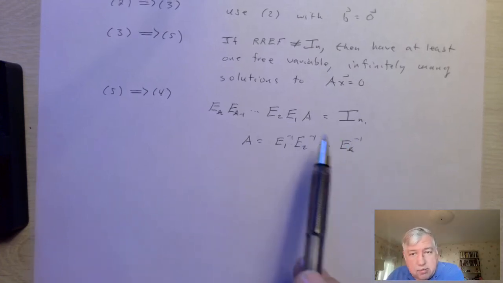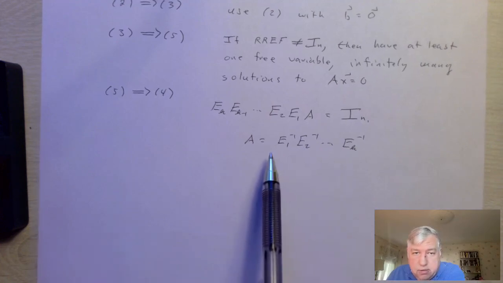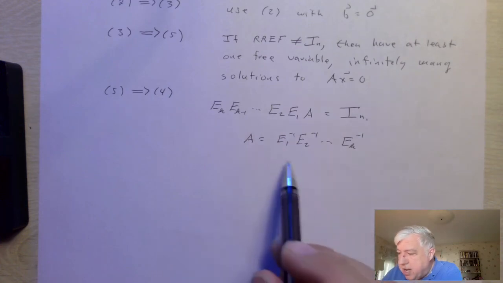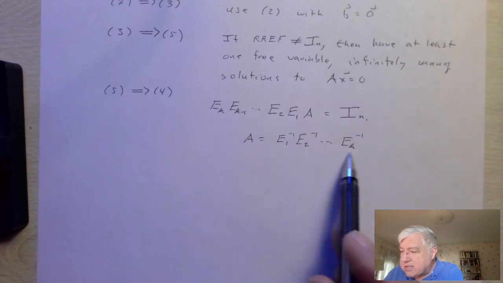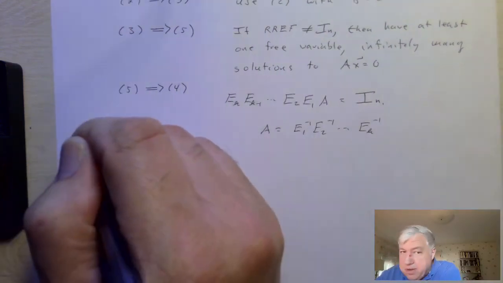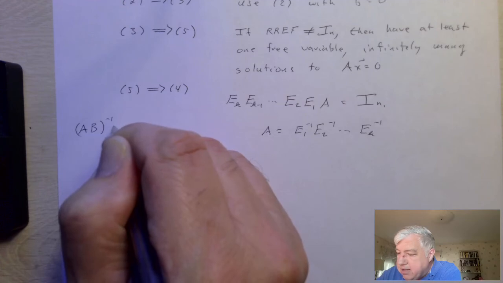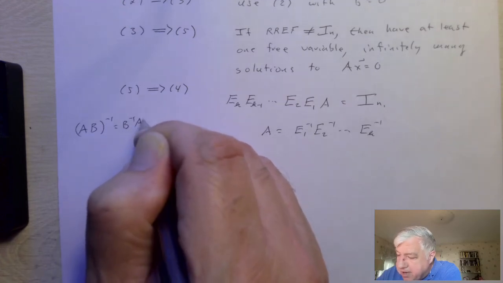We can just take the inverse of both sides, because the product of invertible matrices is going to be invertible. Remember the formula that the inverse of AB is B inverse A inverse.